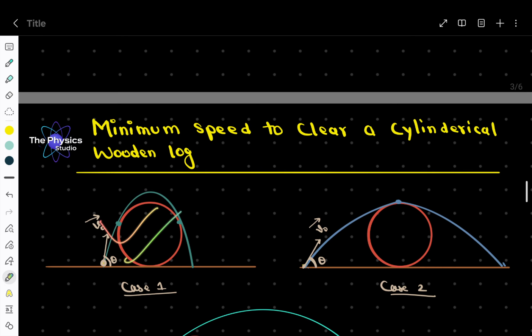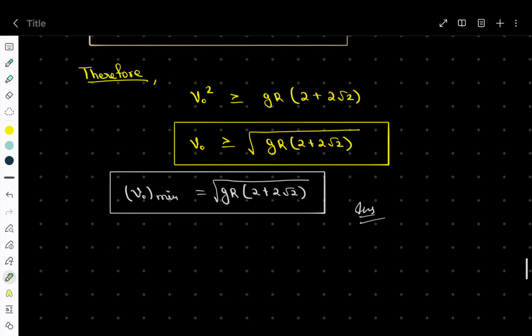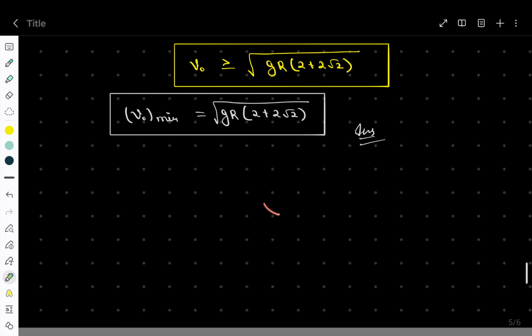If we consider case 1, we'll also have to compare with the minimum velocity required if we consider case 2, right? I'm not doing that in this video because I've already uploaded that video almost a year ago, so you can go and watch that. In that case 2, the minimum requirement comes out to be root 5 rg.